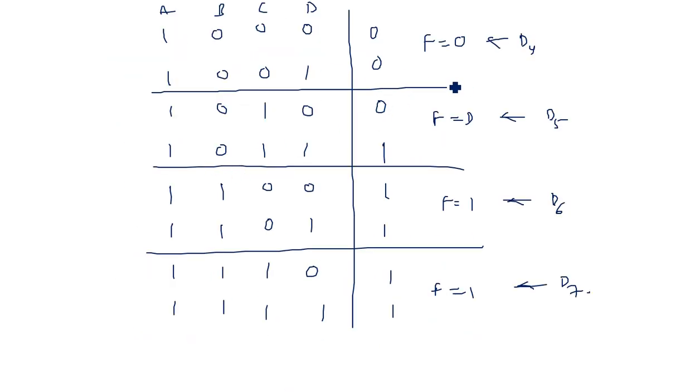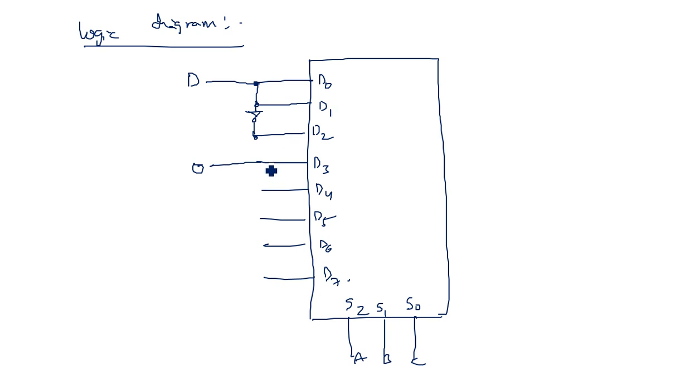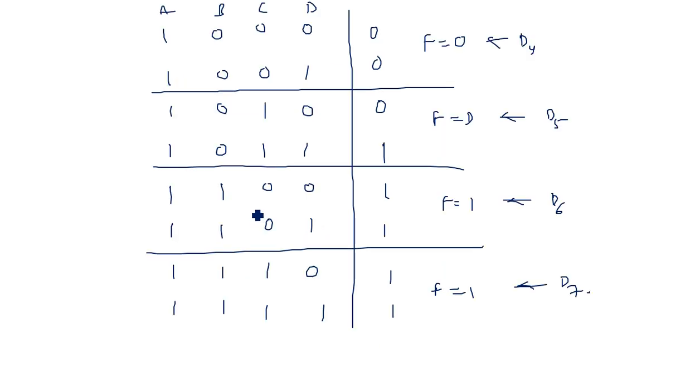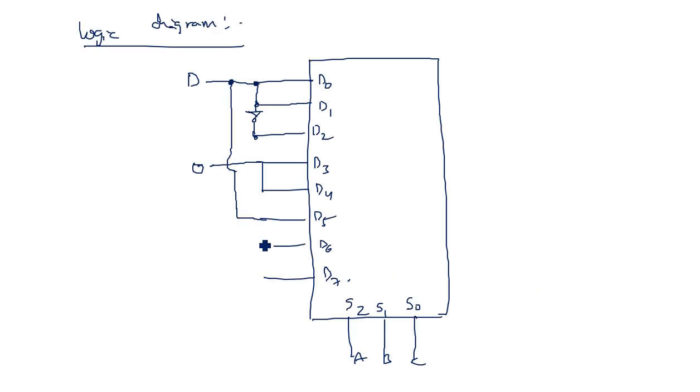D4 is also 0, D5 is D. D6 and D7 are combined together and we can give them 1. And this is the output F. This is the 8 by 1 mux.